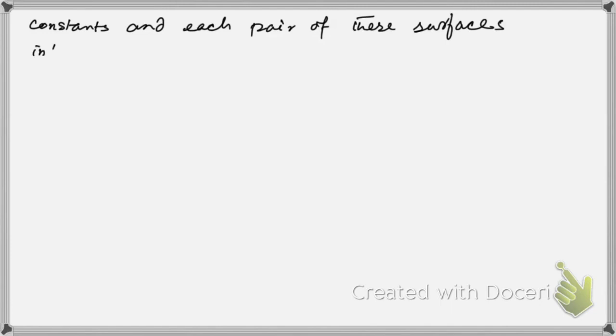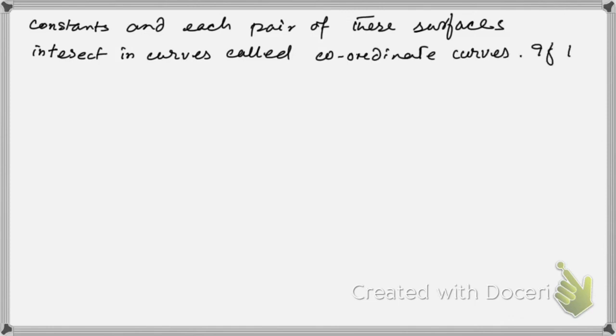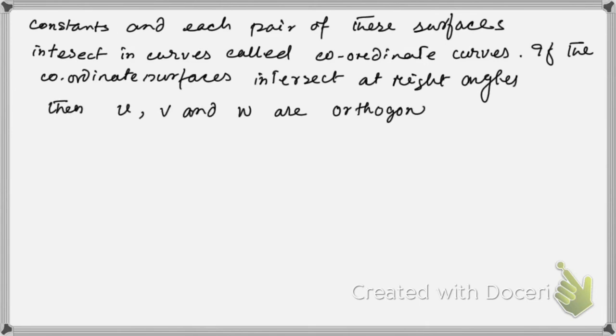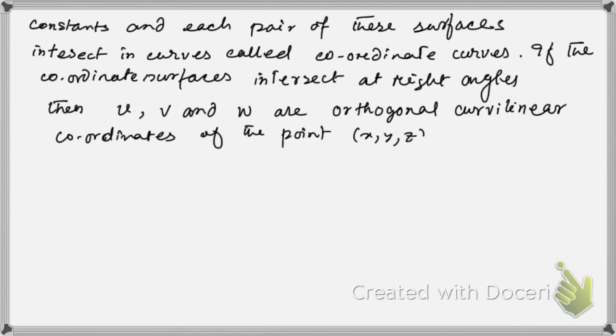Each pair of these surfaces intersects in curves, and those curves are called coordinate curves. And if these coordinate surfaces intersect at right angles, then u, v, and w are called orthogonal curvilinear coordinates of the point x, y, z.